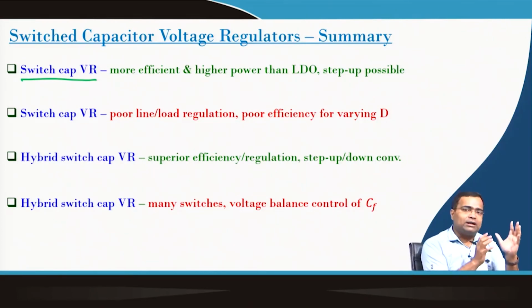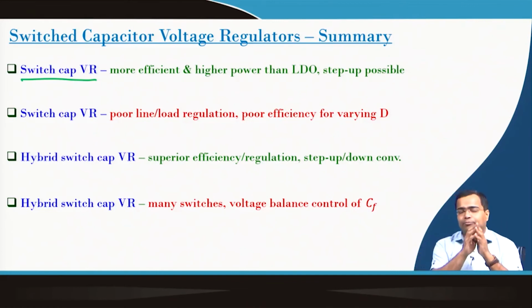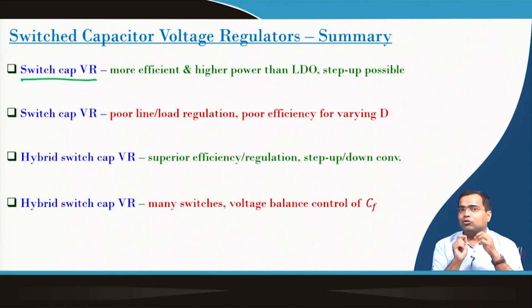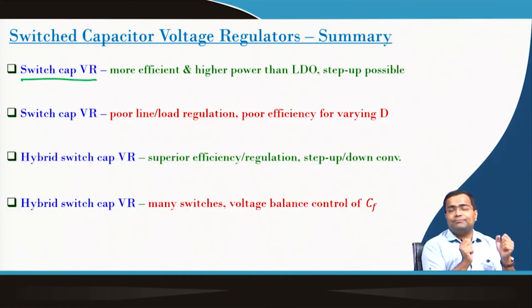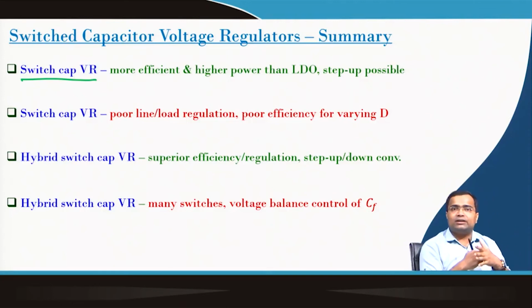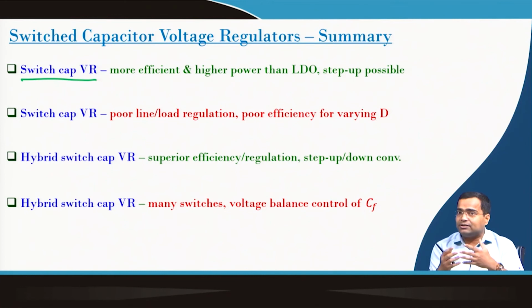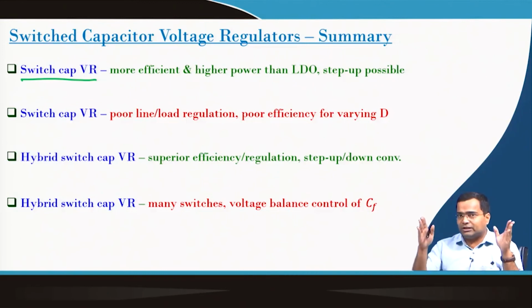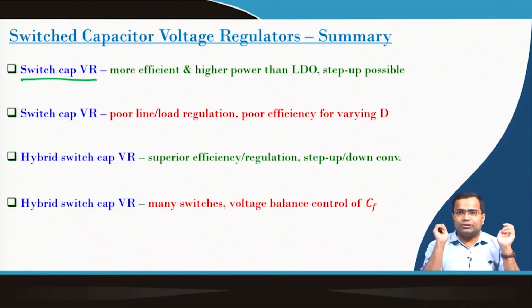It is very important to maintain the voltage balance across the flying capacitor, because the switches are designed based on the voltage rating. If there is a significant deviation across the flying cap, the switch can go beyond its voltage rating. So, we have to keep in mind that voltage balance and voltage control of the flying cap is also important.